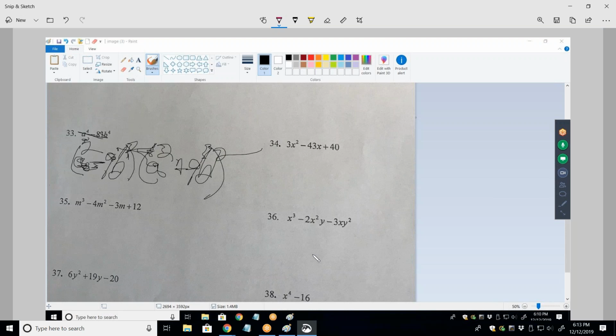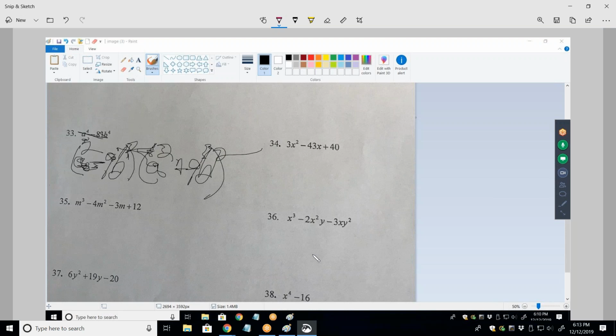I might be able to factor out a number, and the only number it could possibly be would be 3. Yeah. Is 43 divisible by 3? Yeah. No. I'll tell you how you can tell if a number is divisible by 3. Add up the digits, and if the number that you get is divisible by 3, then the whole number is divisible by 3. So what do 4 and 3 add to? 7. That's not divisible by 3, therefore 43 is not divisible by 3.